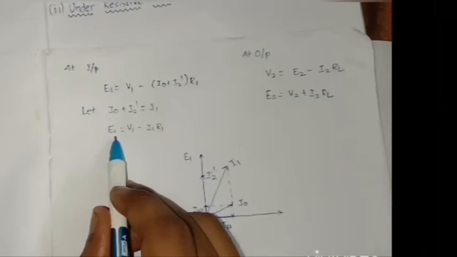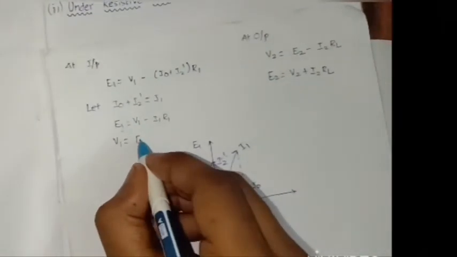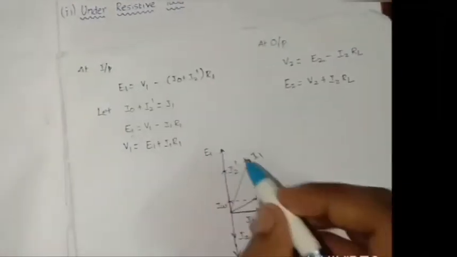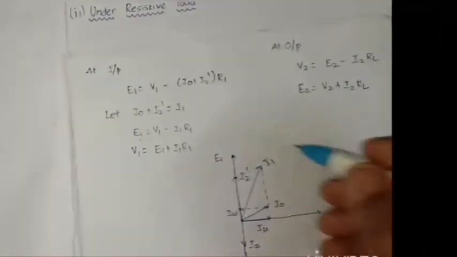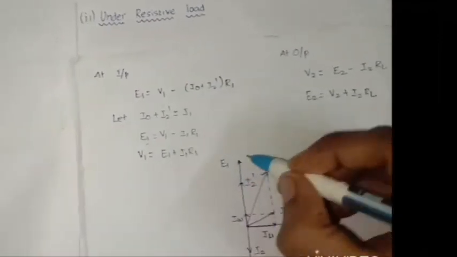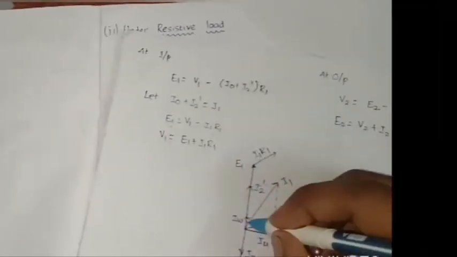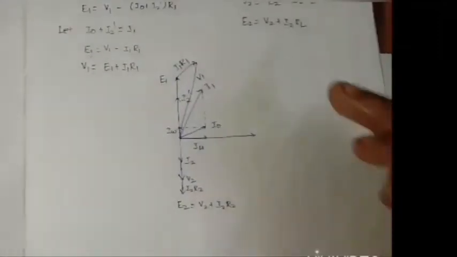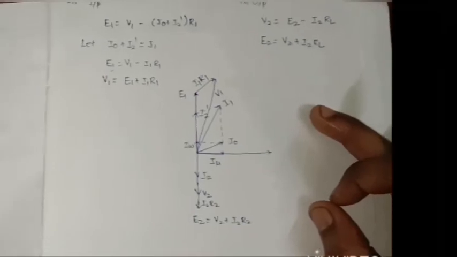This is I1. From our first equation, V1 is equal to E1 plus I1 R1. This is the I1 direction, so draw I1 R1. This is the resultant voltage V1. Hence, this is our phasor diagram for a pure resistive load for this hypothetical transformer.